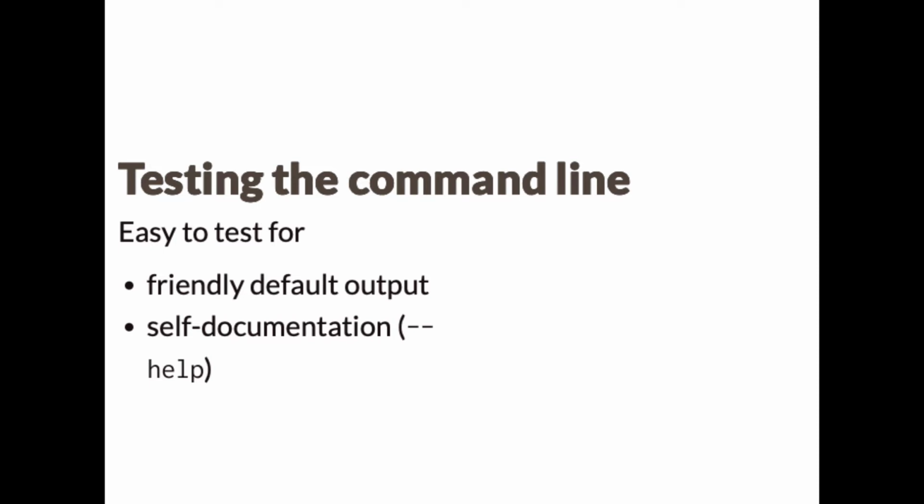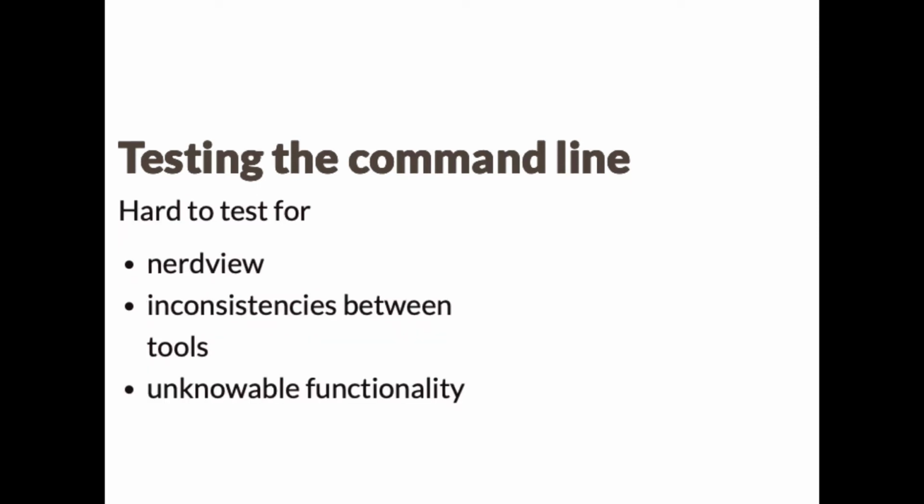It says usage, blah, blah, blah. And I thought I'd just do that. But you can't really test for the Nerdview and the inconsistencies between them and stuff very well in an automated way. And you can't test for what it doesn't tell you. Like if --help doesn't tell you that you should use this other thing, then you can't do anything.